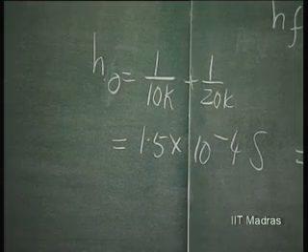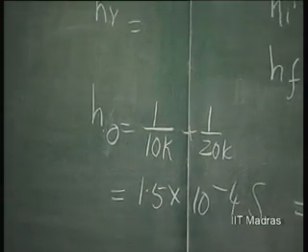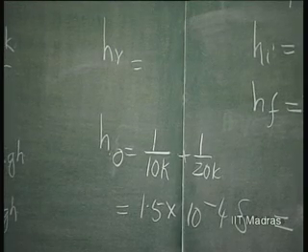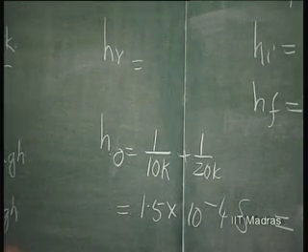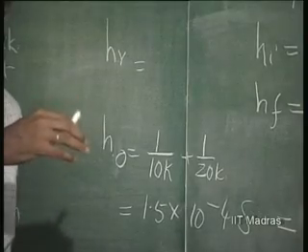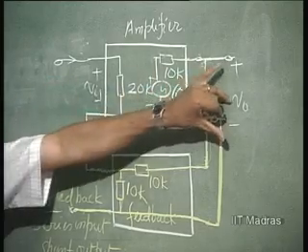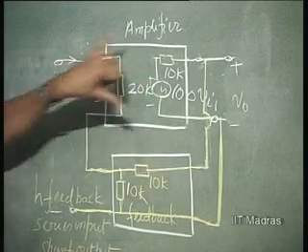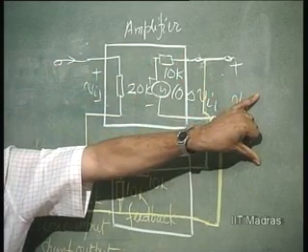HR now. What is this? HR is the output voltage, when the input is open. You apply an output voltage, find out the input voltage. The input voltage by output voltage is the HR.